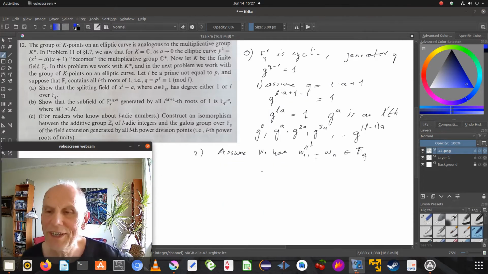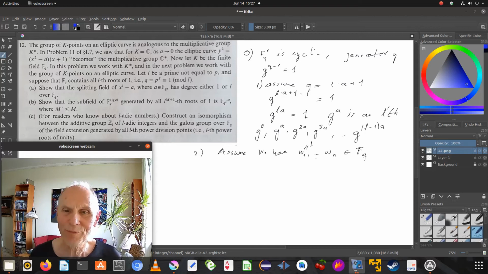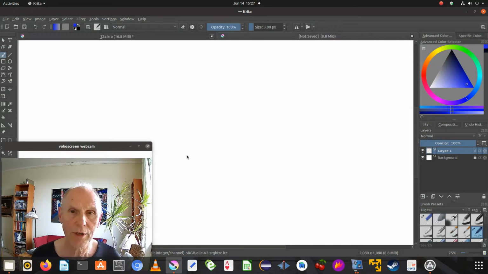I found we need a little technique here. There are some powers, G to A, that give nth roots of unity.